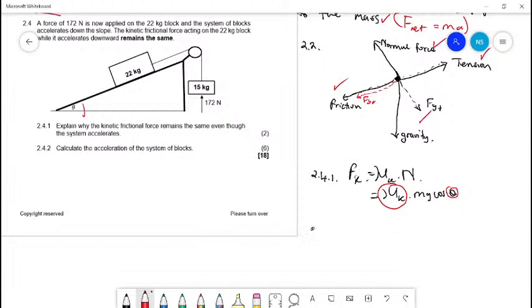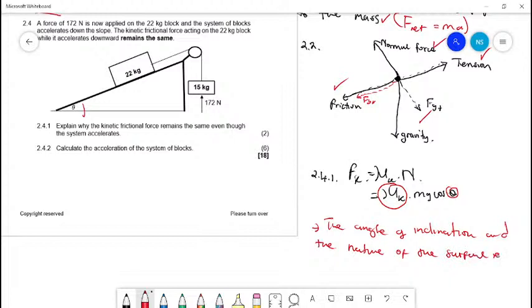So the reason that we give here is that the angle of inclination and the nature of the surface remain the same.